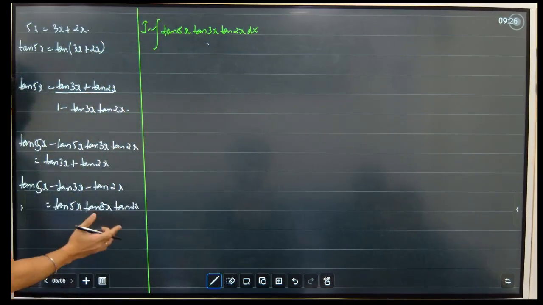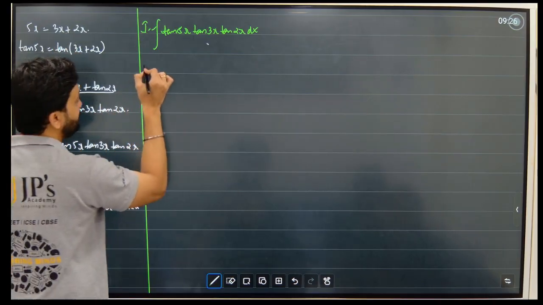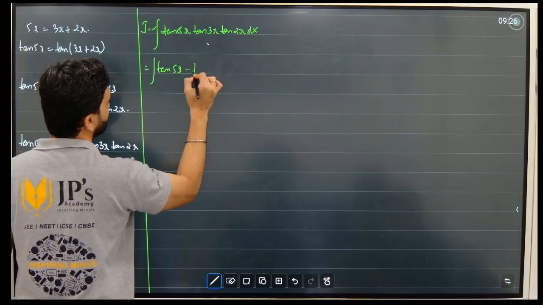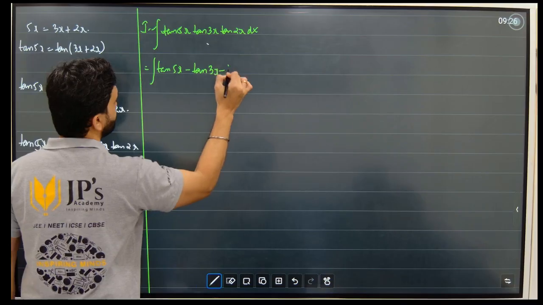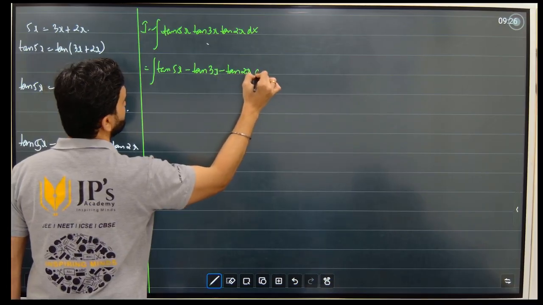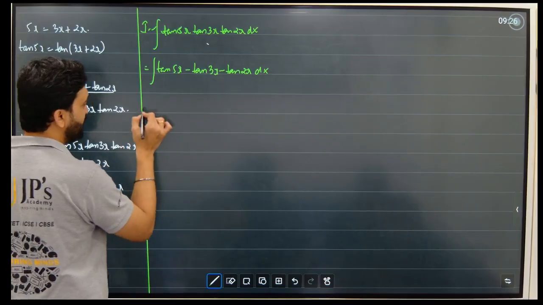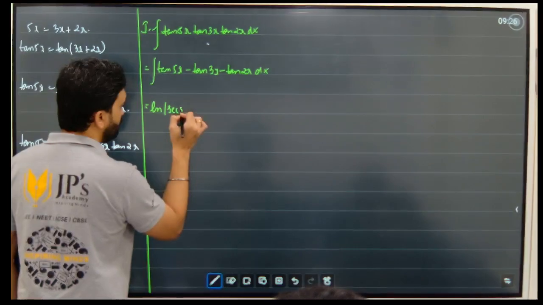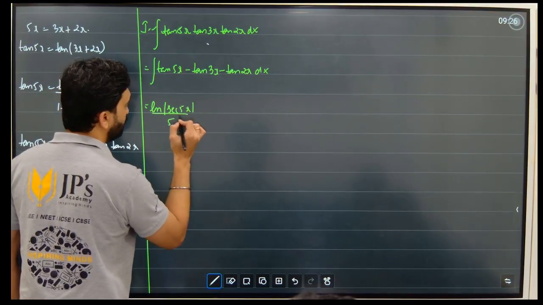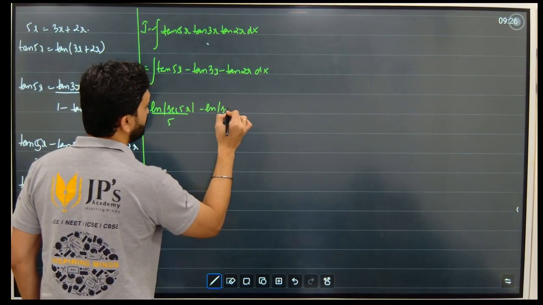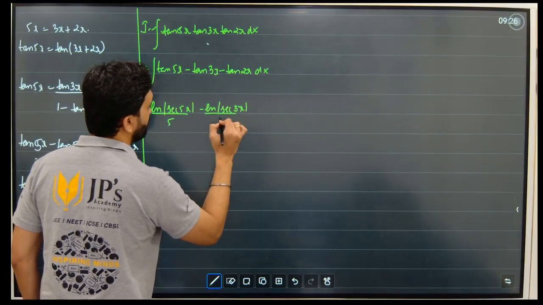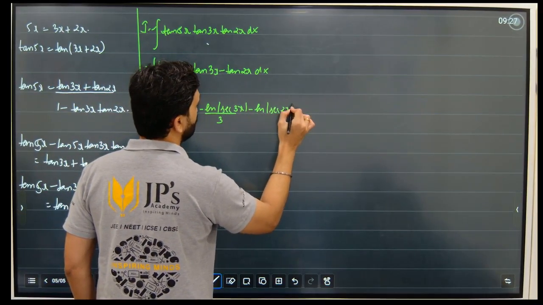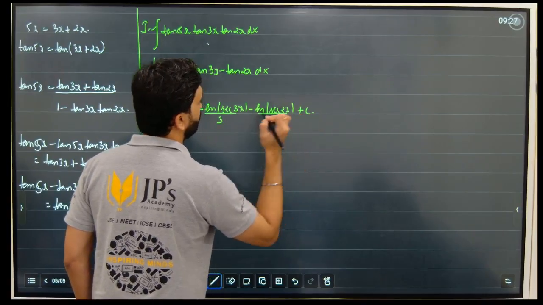So once I know all the steps, I can directly write it as integration of tan 5x minus tan 3x minus tan 2x dx, and the integration of tan is ln mod sec 5x upon 5 minus ln mod sec 3x upon 3 minus ln mod sec 2x upon 2 plus c.